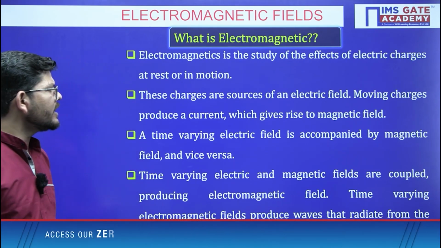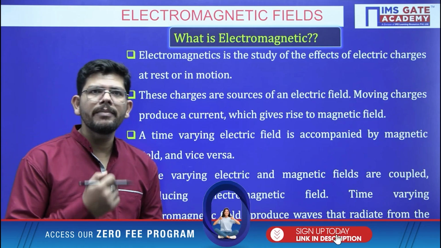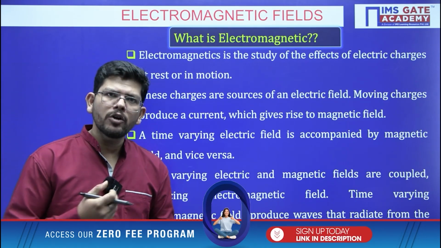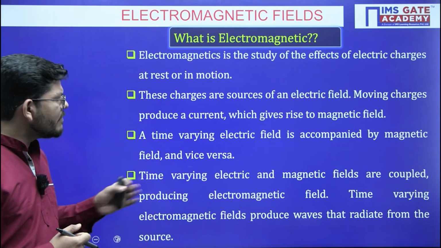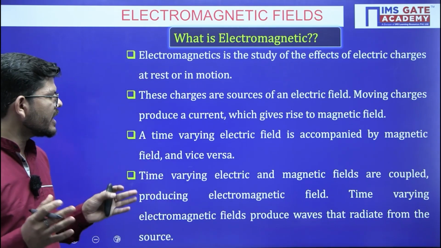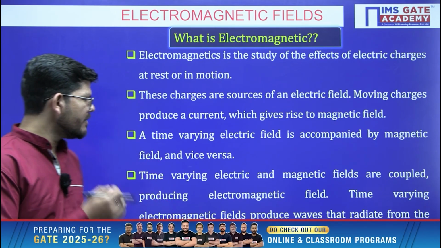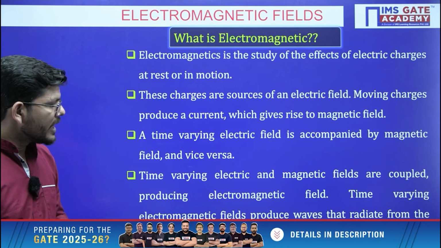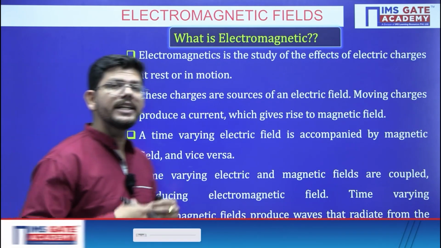If the fields are time varying, meaning if we have a time varying electric field, it will be accompanied by a magnetic field, and if we have a time varying magnetic field, it will automatically be accompanied by a time varying electric field. When time varying electric and magnetic fields are coupled, they produce electromagnetic fields, or fields that produce waves that radiate from the source.